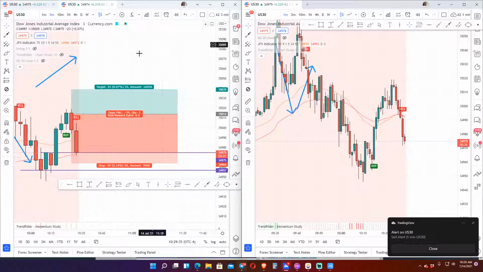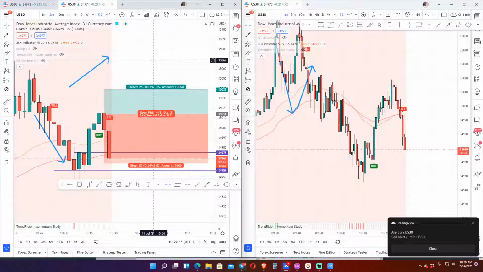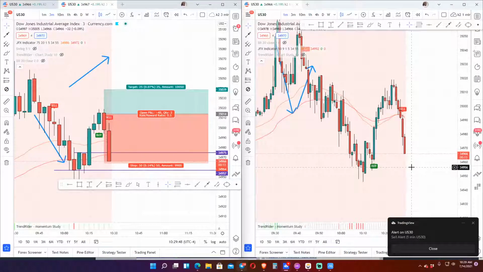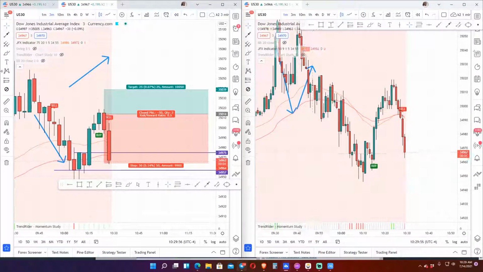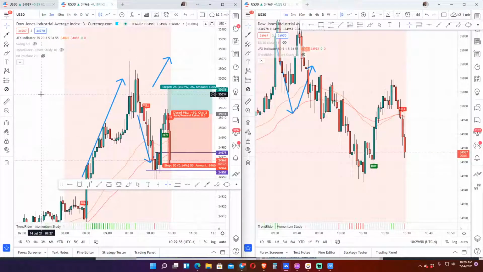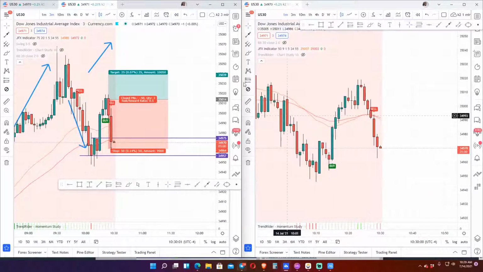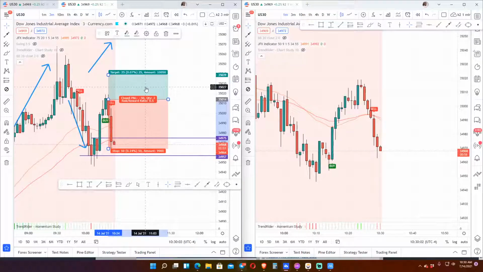This might hit stop loss, guys. Market is looking very bearish today. Yeah, stop loss hit. So yeah, that trade didn't go as planned. Which is okay, we don't win every trade, so let's focus on the next trade here.